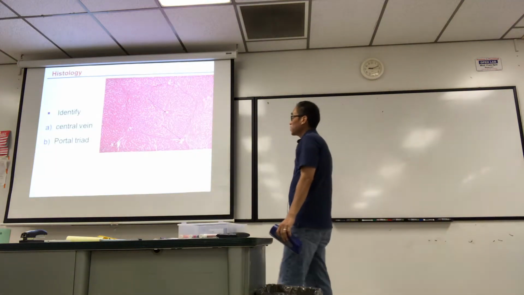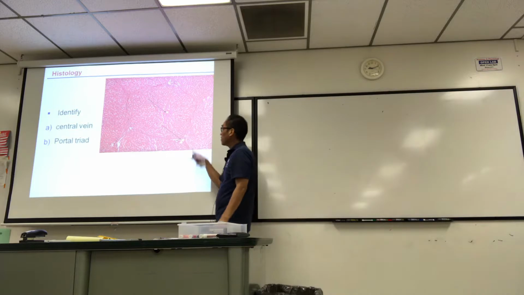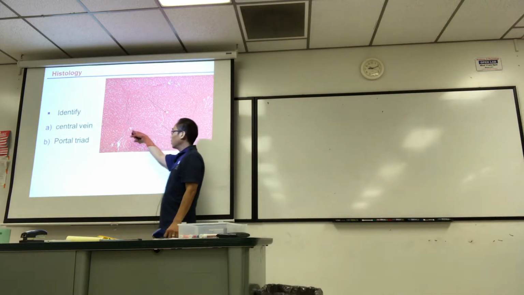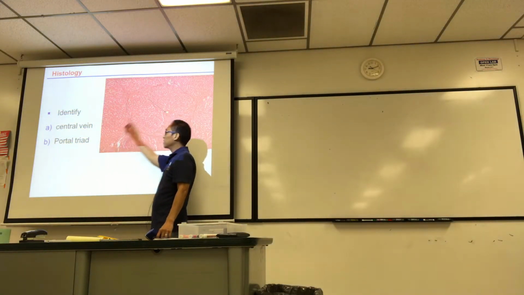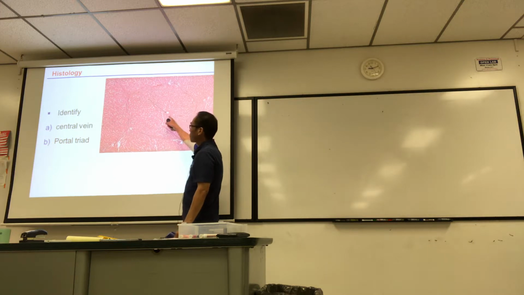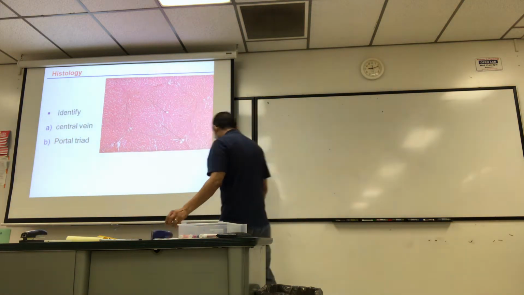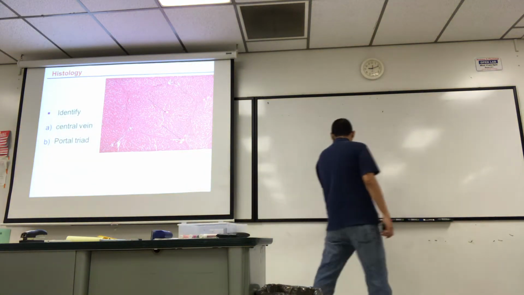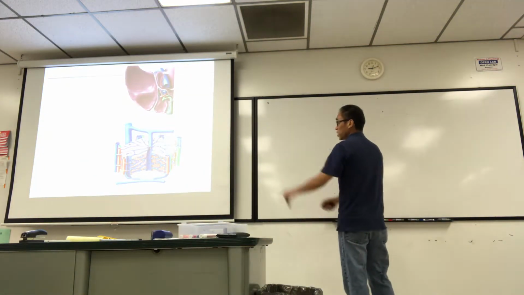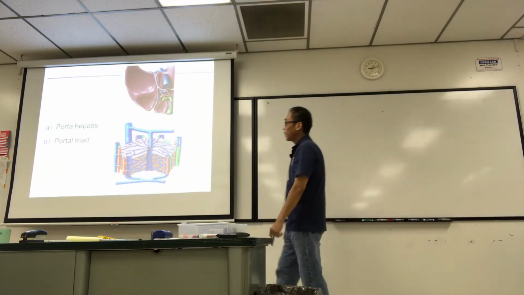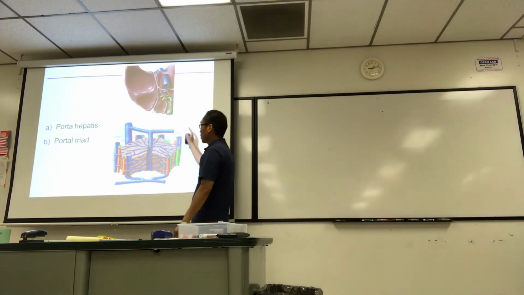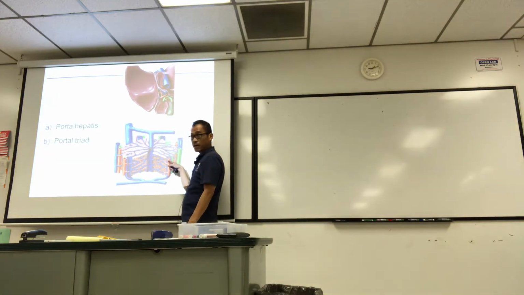And so for histology, there's not much to see except that you have these corners of the lobule, which are called portal triads, and then you have the center, which is where the central vein is. So blood is on the way out once it reaches the central vein. So you have this picture. Look at the picture on the bottom. I put this picture here because I don't want you to confuse porta hepatis with portal triad.